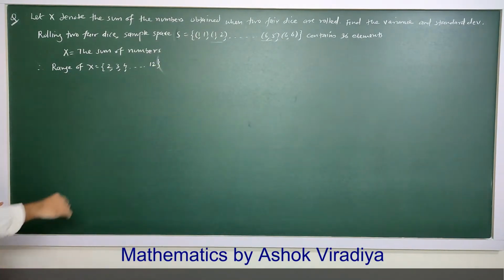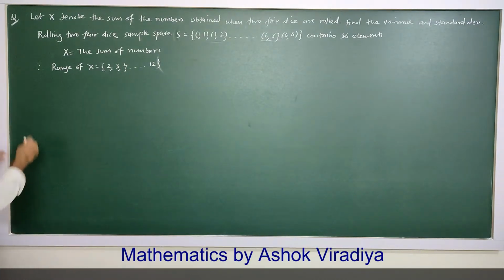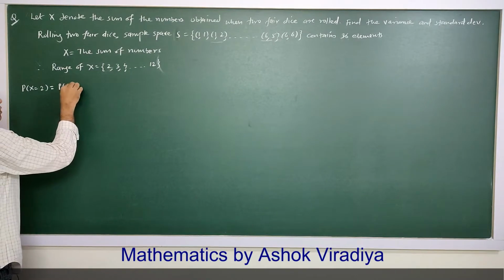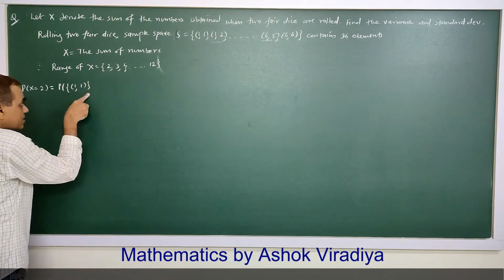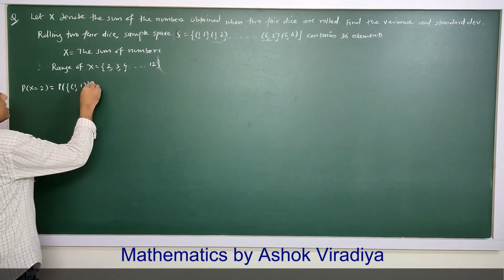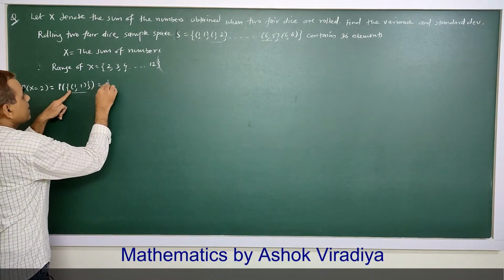So we find the probability for all these values of x. Now the probability that x takes value 2 is equivalent to saying that when 1 1 occurs, then the sum of numbers is 2. So the probability that x takes value 2 is equal to the probability of this event. So it is 1 by 36.